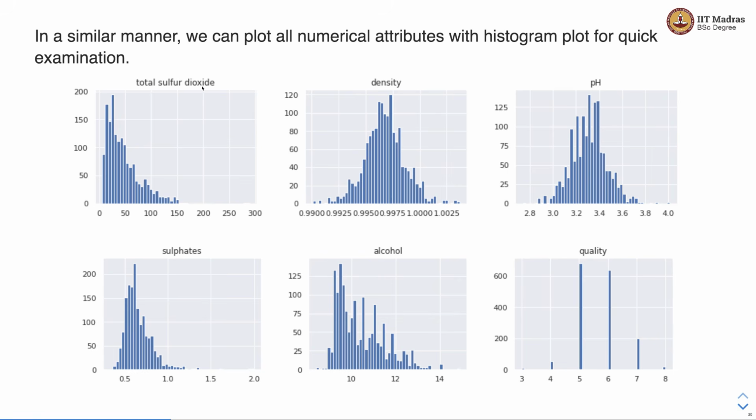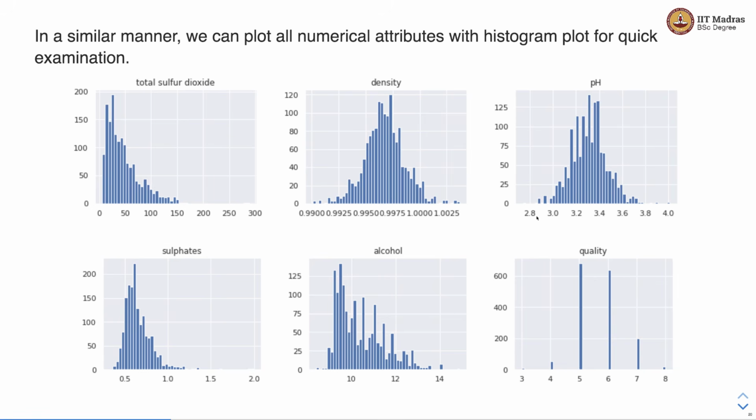So you can see that different properties or different features have different scales. Their values vary. So for example here the value of total sulfur dioxide can be between 0 to 300, whereas the density is between 0.99 and 1.